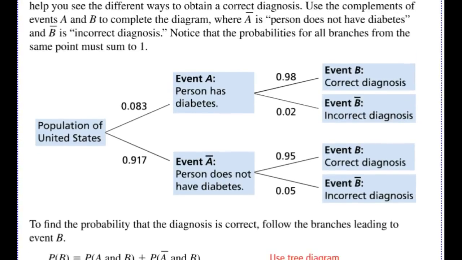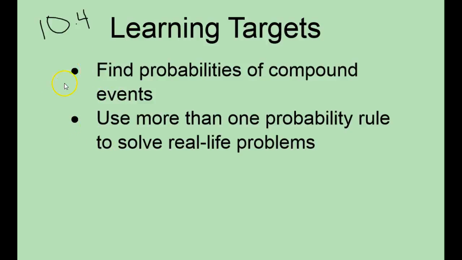These can also be used instead of our two-way tables or some other ways, just to help us organize our data and see what we're looking at in a way that we can follow. So I was able to look at both of these learning targets, and I learned another thing too about using that probability tree. Now that we've done this, go ahead and work on your homework for 10.4.